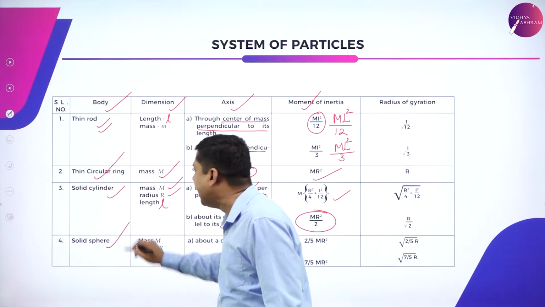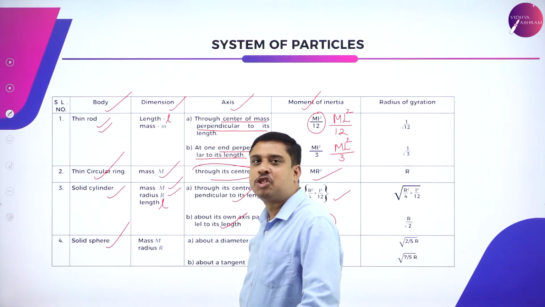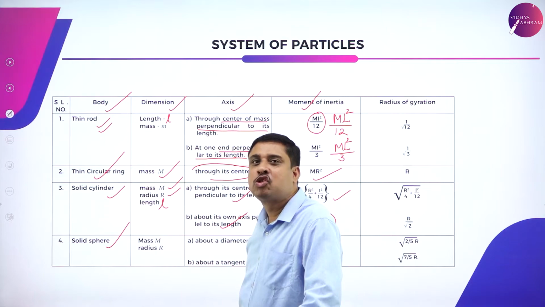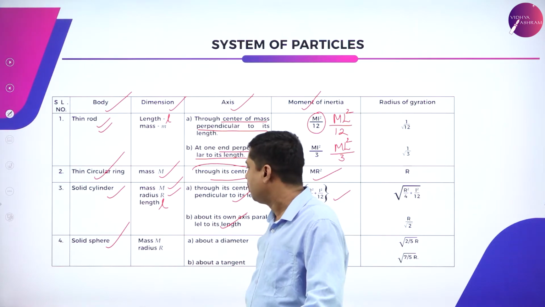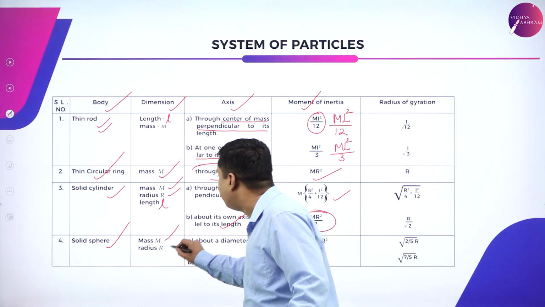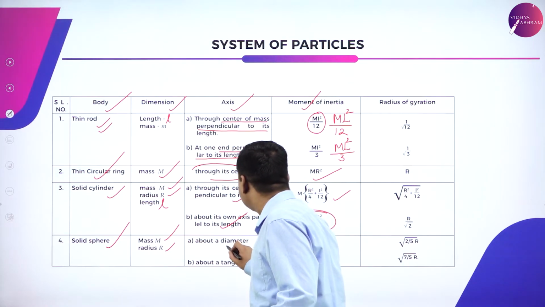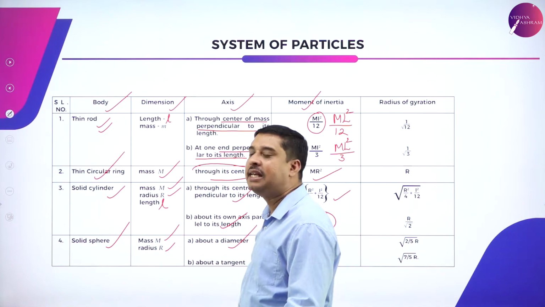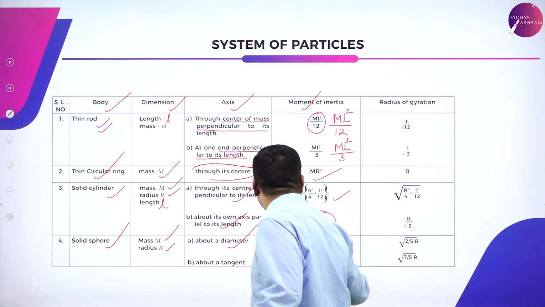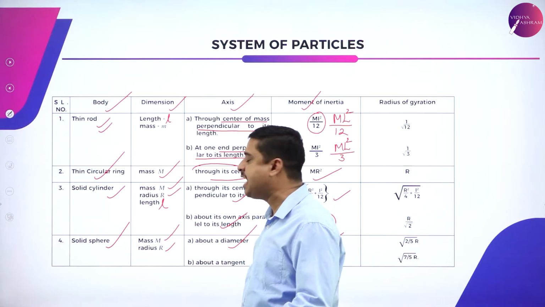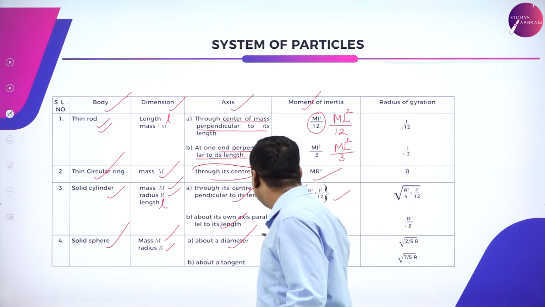And finally, where the geometry is a solid sphere of mass m, radius r, axis about the diameter, moment of inertia 2 by 5 mr square.